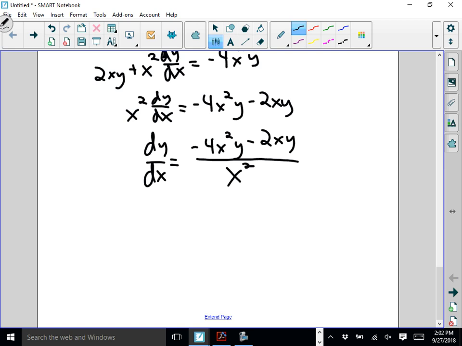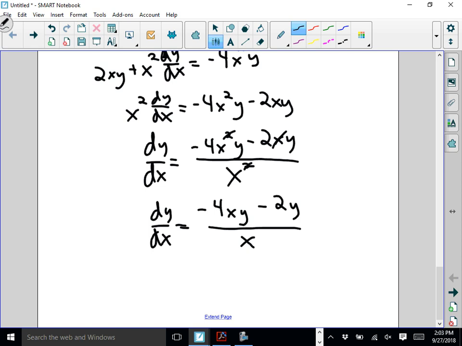However, I could take out an x from every term. So I can do that move right there and get -4xy minus 2y over x.